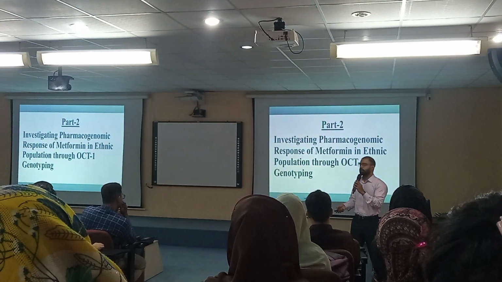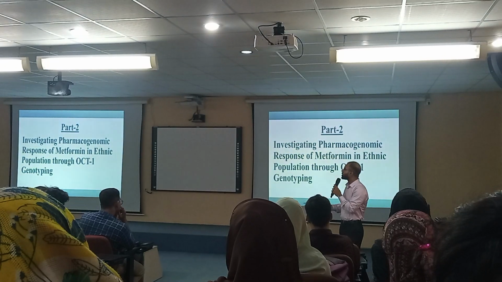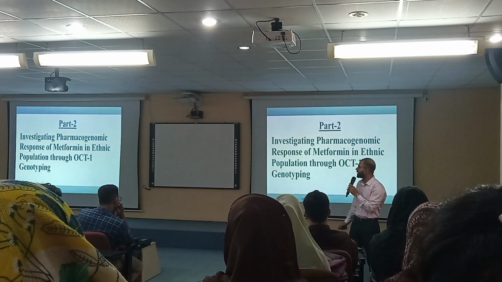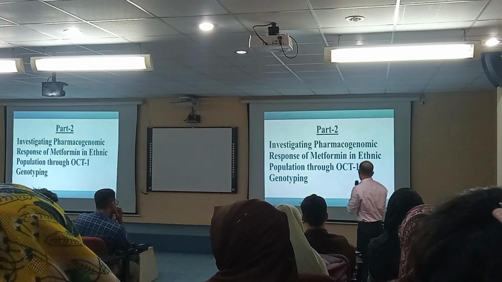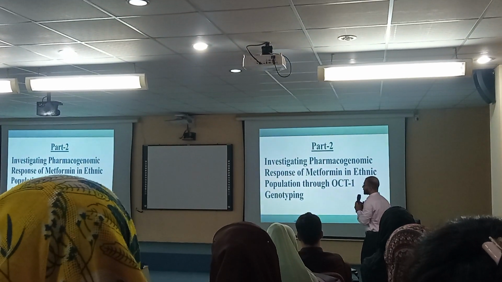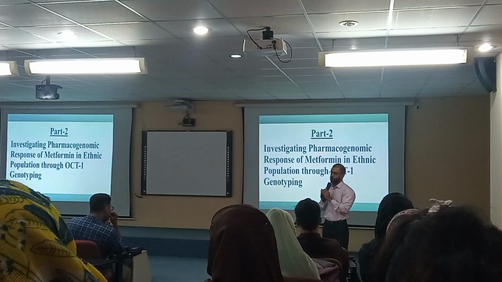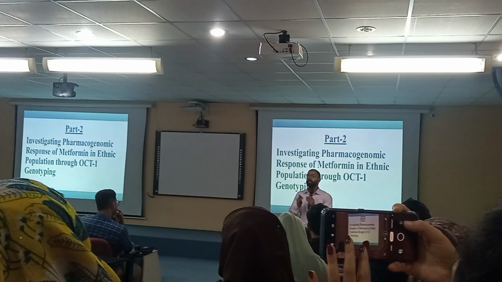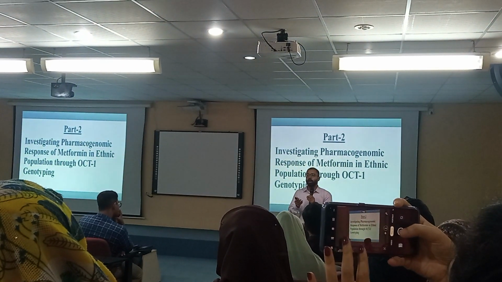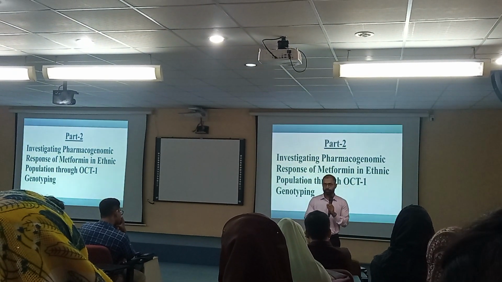Now comes the second part, that is investigating the pharmacodynamic response of metformin in an ethnic population through OCT1 genotyping. Now we first need to understand what pharmacogenomics is. Pharmacogenomics is the study where an individual's genetic makeup influences his drug response.